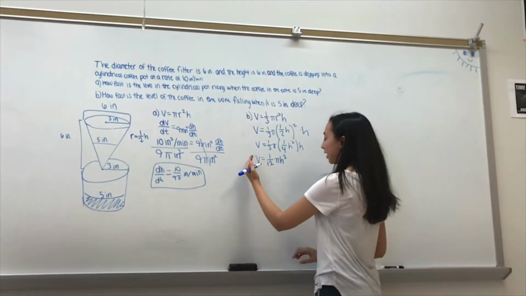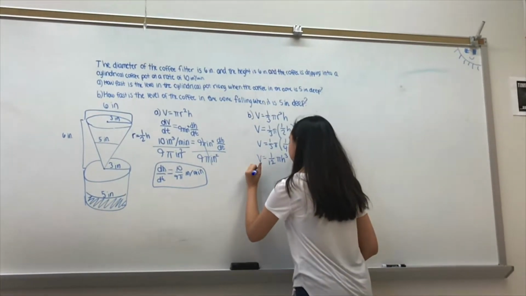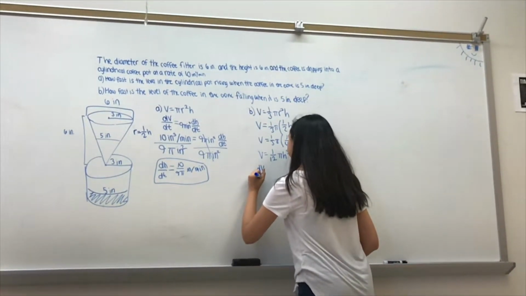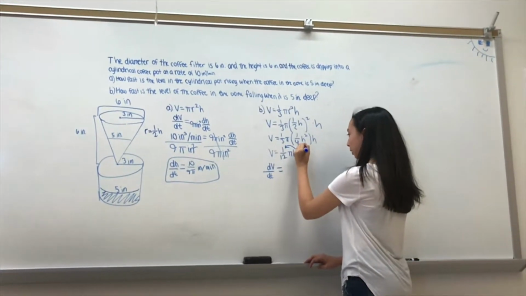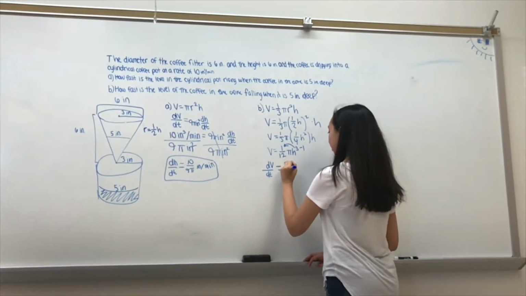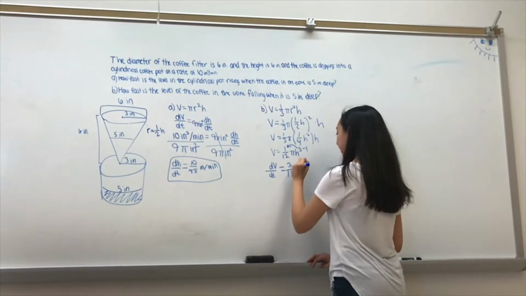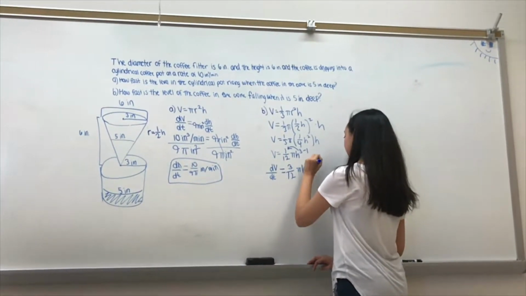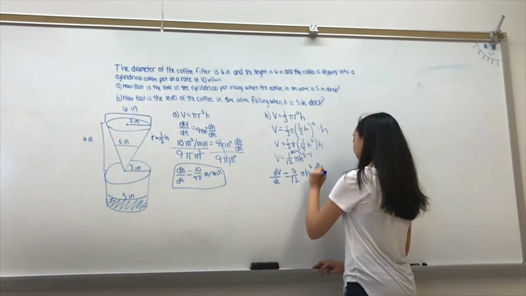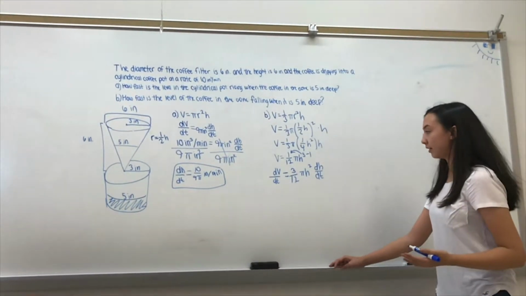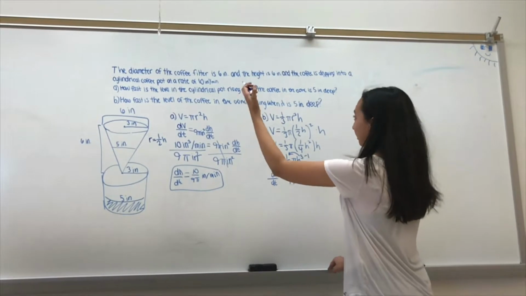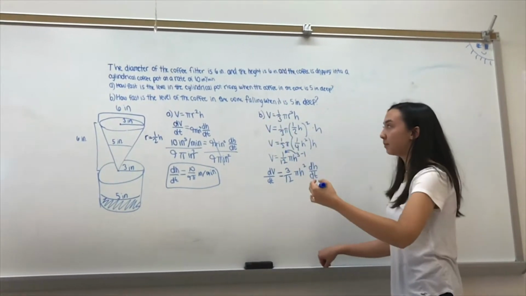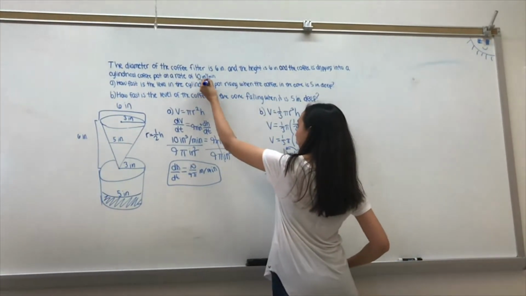We know that the derivative of V with respect to time is dV over dt. We can use the power rule here by bringing the 3 over and subtracting 1. So we get 3 over 12 pi h squared dh dt. Okay, so now we can plug in our known values. It tells us here that the coffee is dripping out of the filter and into the pot at a rate of 10 inches cubed per minute.